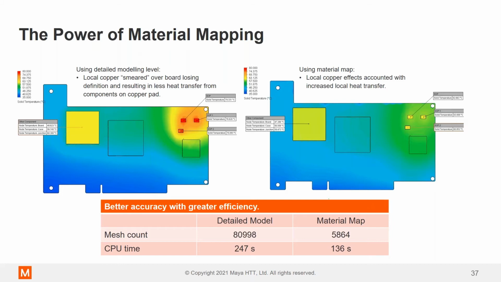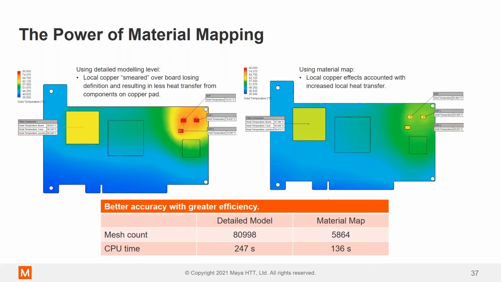What is good news is that the main component, the component towards the left-hand side of the board, doesn't actually change too much: 56.7 versus 56.0, which is an acceptable margin of error, plus or minus 1 degree C. But the components on the right, where the conduction paths are critical, need to have the detailed copper modeling or the material mapping.